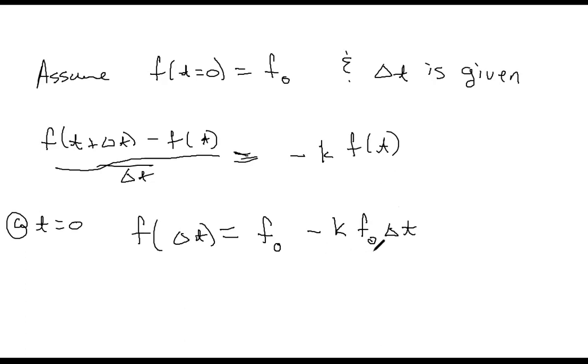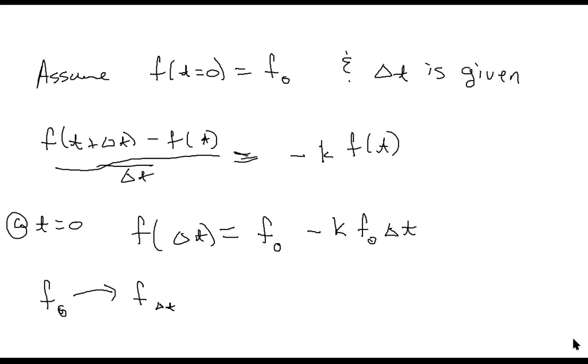This is all stuff that I know, right? So I am assuming that I know the initial value of f and I know delta t. So I'm assuming I know all these things. And so what I find is that knowing f of 0 immediately determines f of delta t.